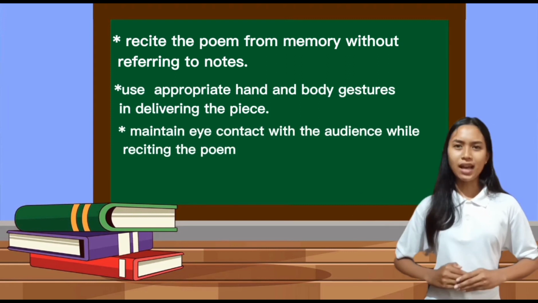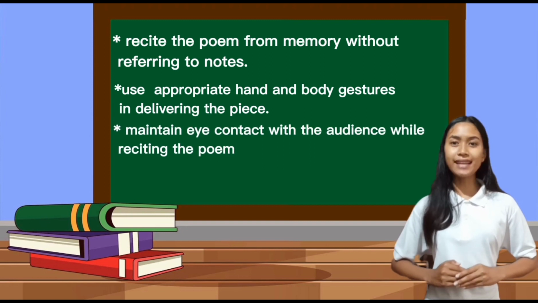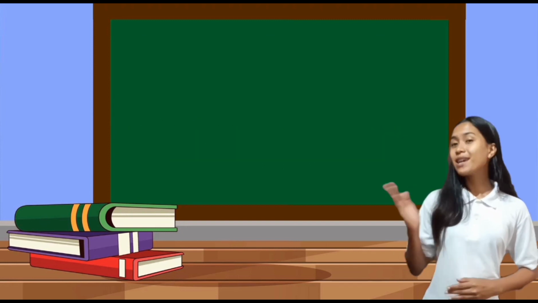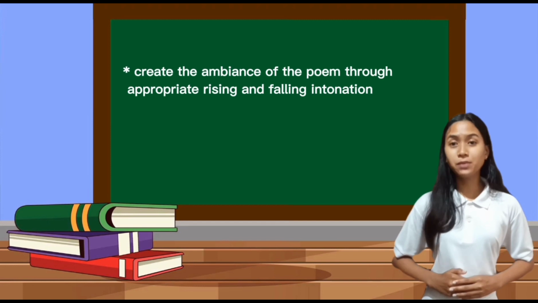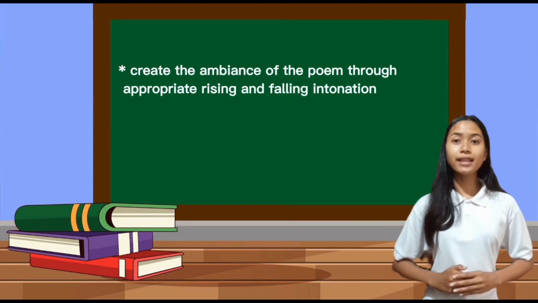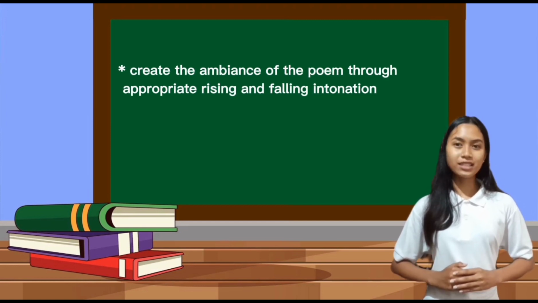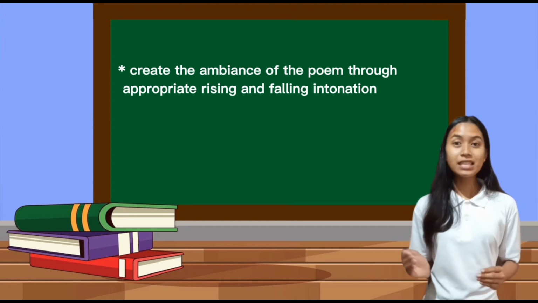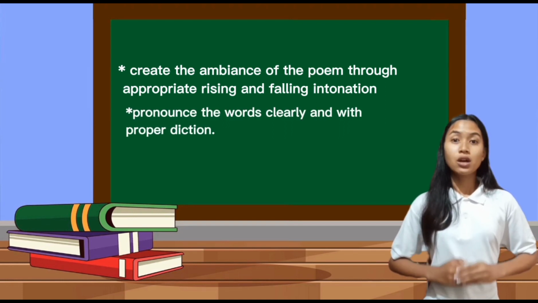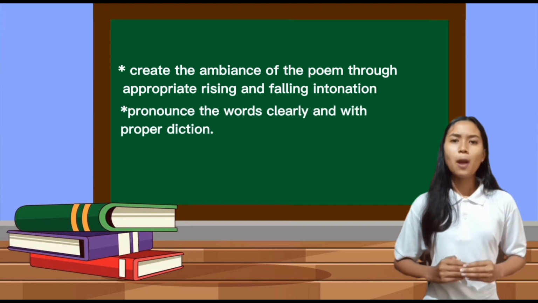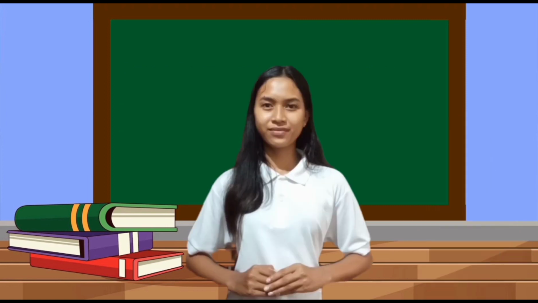Maintain eye contact with the audience while reciting the poem. Create the ambience of the poem through appropriate rising and falling intonation. And lastly, pronounce the words clearly and with proper diction.